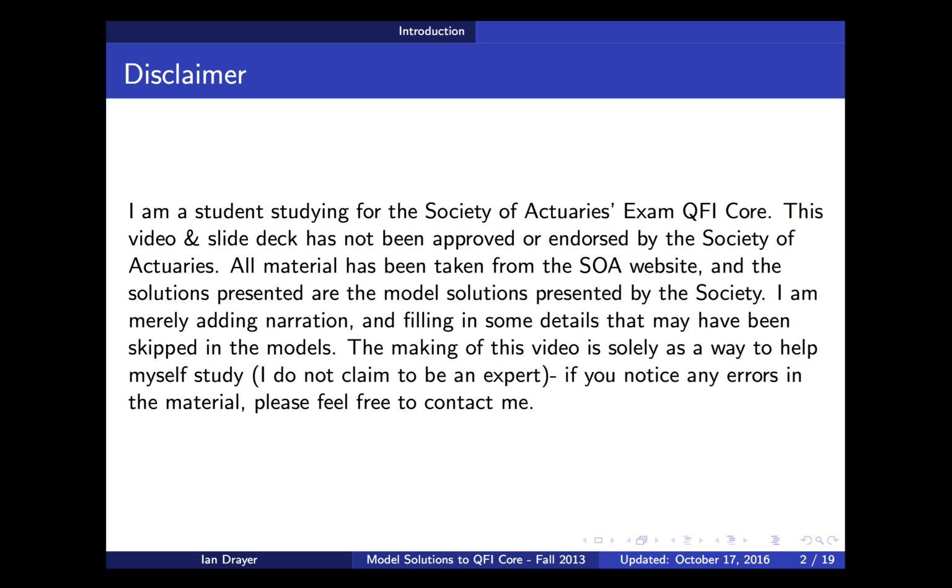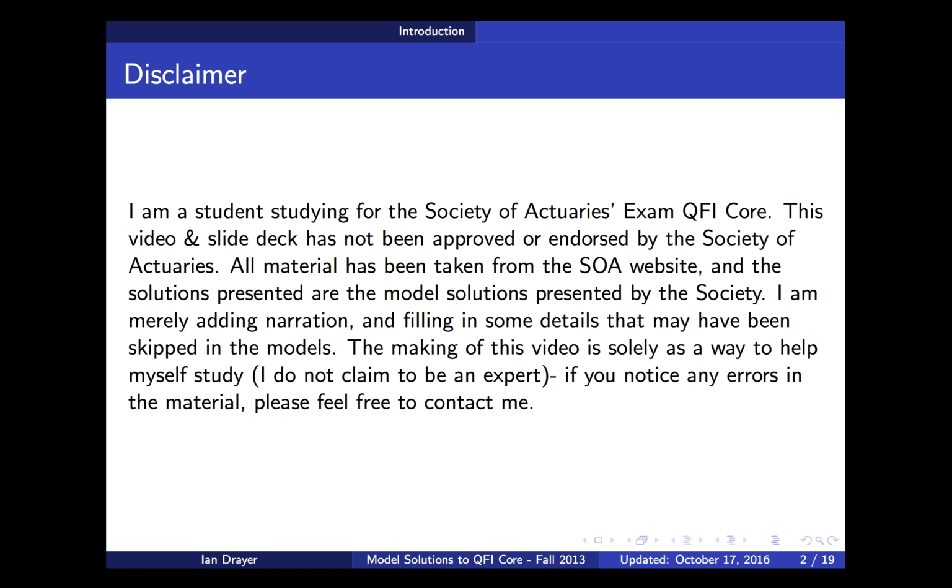Here's a little bit of a disclaimer. I am currently a student studying for the Society of Actuaries exam QFI Core. These slides have been prepared based upon the model solutions given by the Society of Actuaries. However, they have not been approved or endorsed by the Society. All of the material that I'm using has been taken from the SOA website, with the solutions presented being the model solutions that they've given.